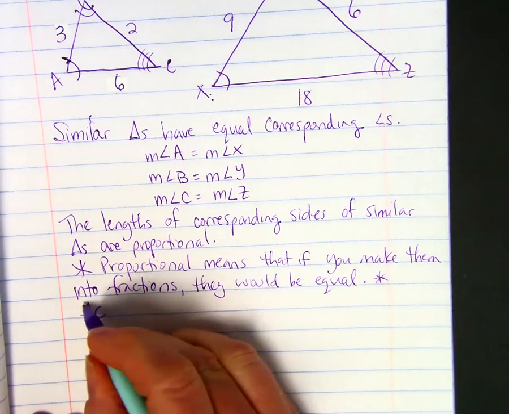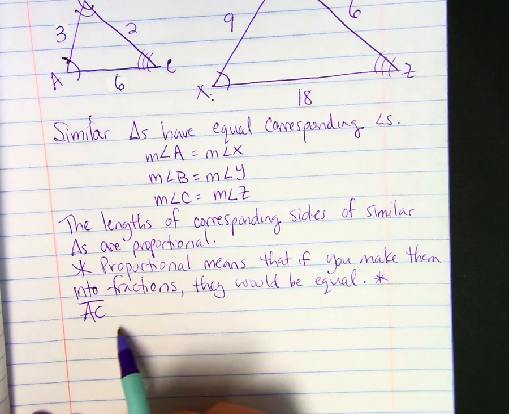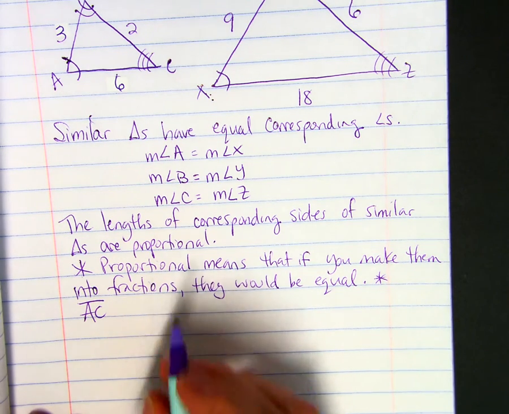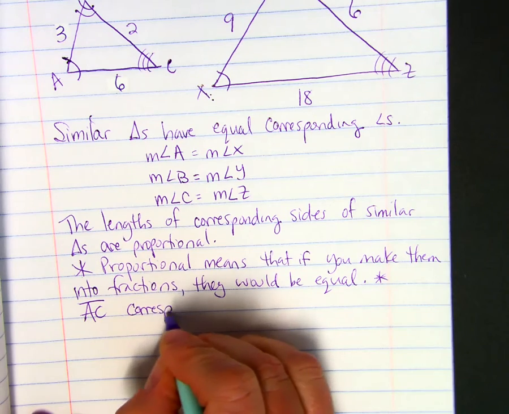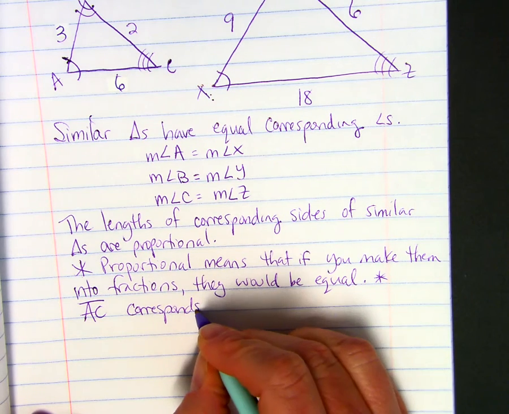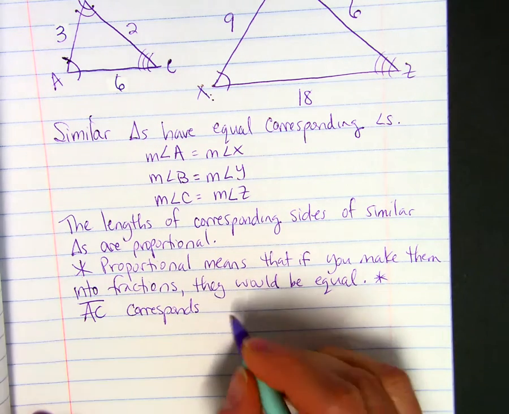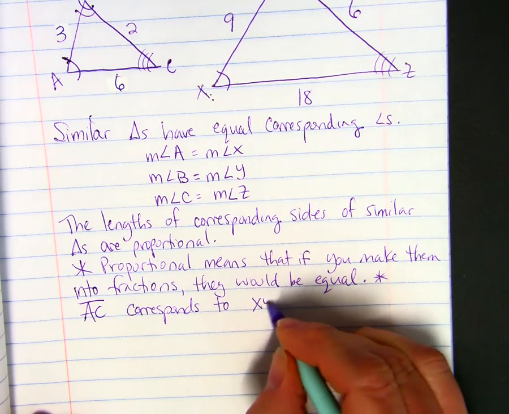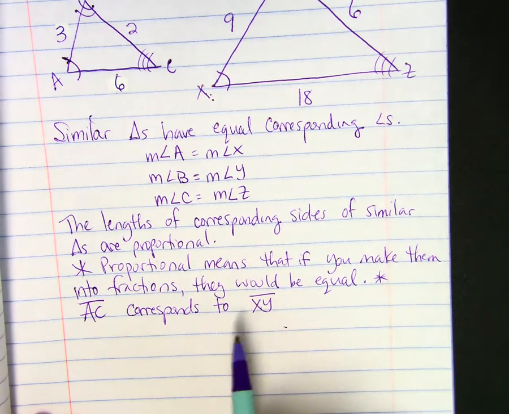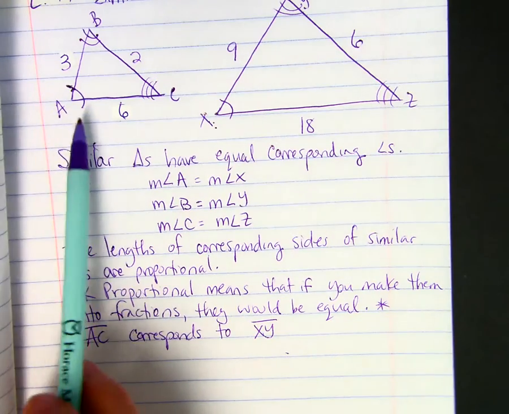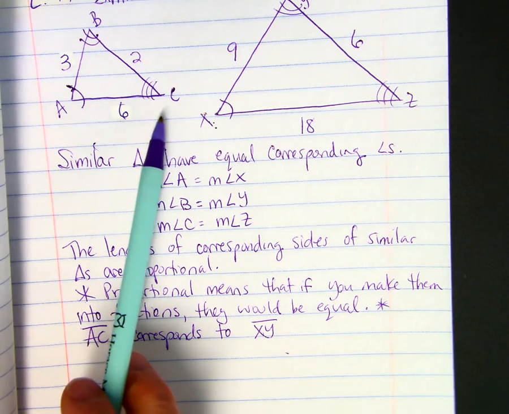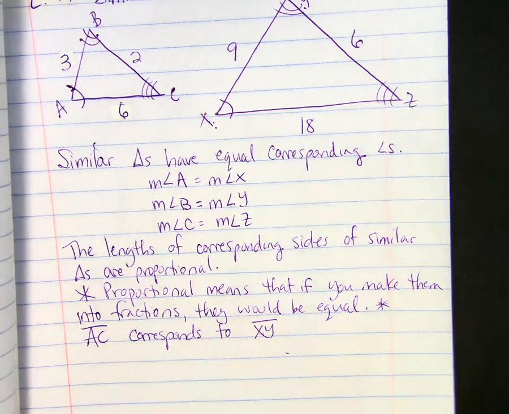So side AC, so capital A, capital C with a line over it, corresponds to side XZ. Now the order of the letters matters.